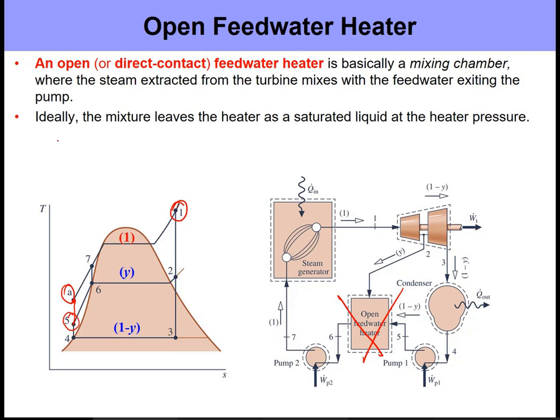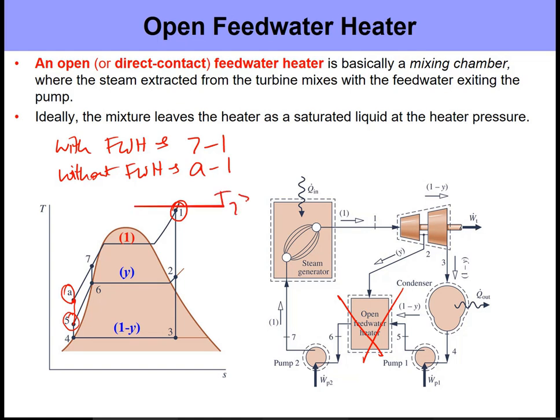So the difference is, with the feed water heater, the heating process happens from 7 to 1. Without the feed water heater, the heating process would need to happen from A to 1. As you can see, T7 is much greater than the temperature at state A. And by doing this, we're doing two things.